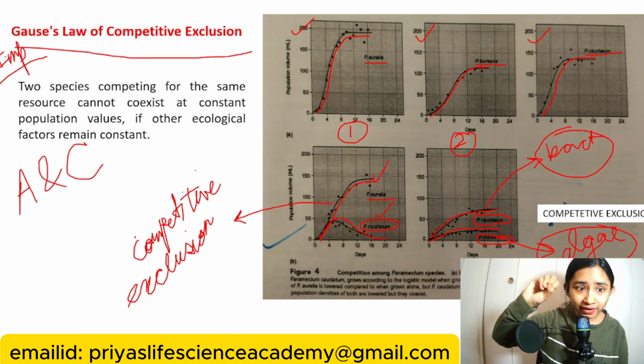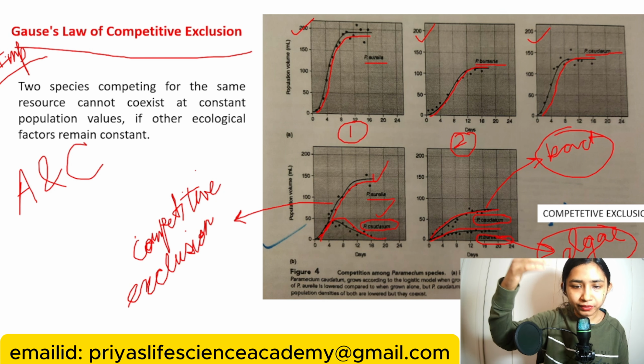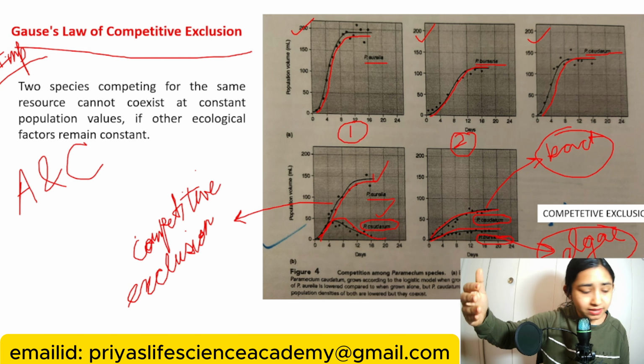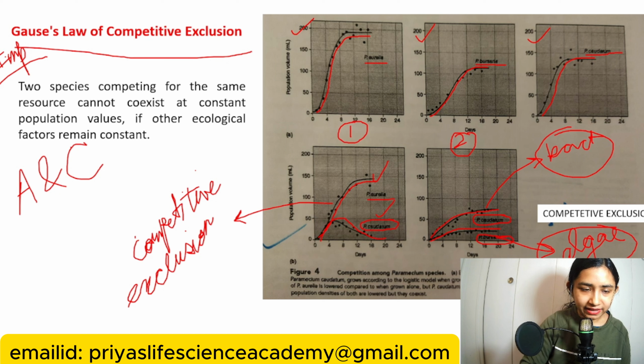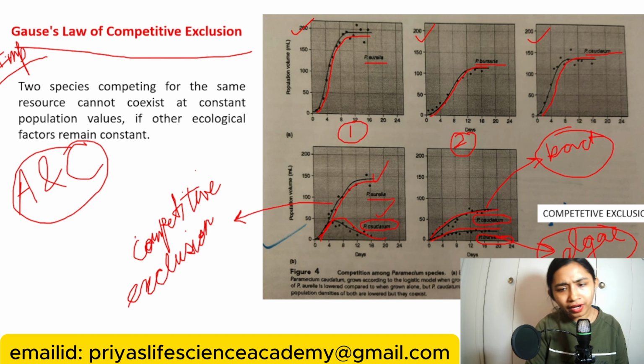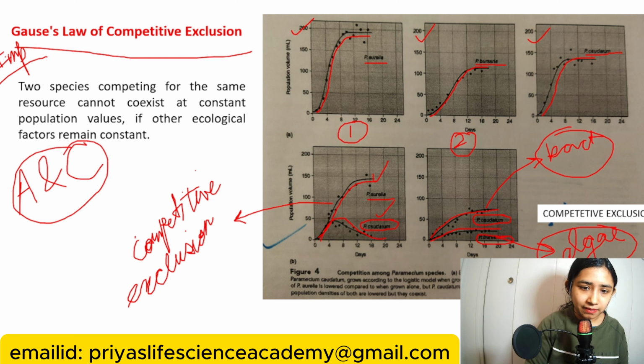They are known as complete competitors. That is why the rule came: competitive exclusion. This term was given by Garrett Hardin in 1960. So complete competitors can't coexist, but if the species can rely on other kinds of food, they can coexist. And because of this competition, the resources are partitioned.